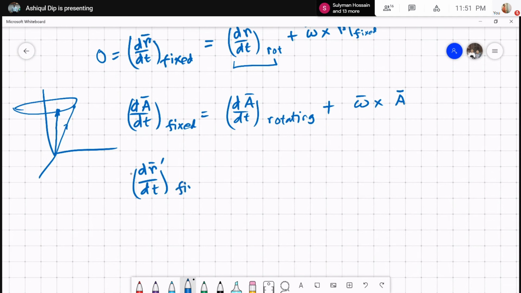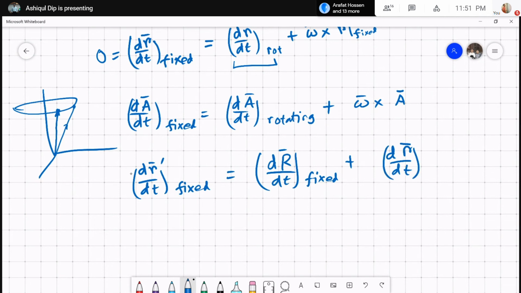That can be written as dr over dt fixed plus dr over dt fixed. Agree with that? We just substituted r prime equals R bigger plus r smaller from the translation of two coordinates.